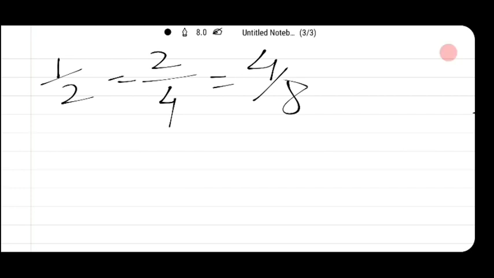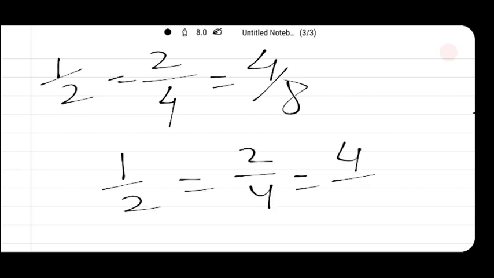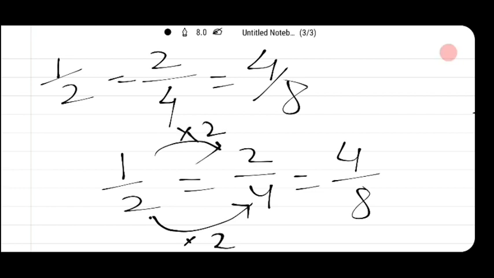Example: 1 upon 2 equals 2 upon 4 equals 4 upon 8. Here the denominator is 2 in the first case, it is changed into 4, so it is multiplied by 2. Numerator is 1 and it is changed into 2, it is also multiplied by 2. In the second and third case 4 is changed into 8, it is also multiplied by 2, and 2 changed into 4, that means it is also multiplied by 2.